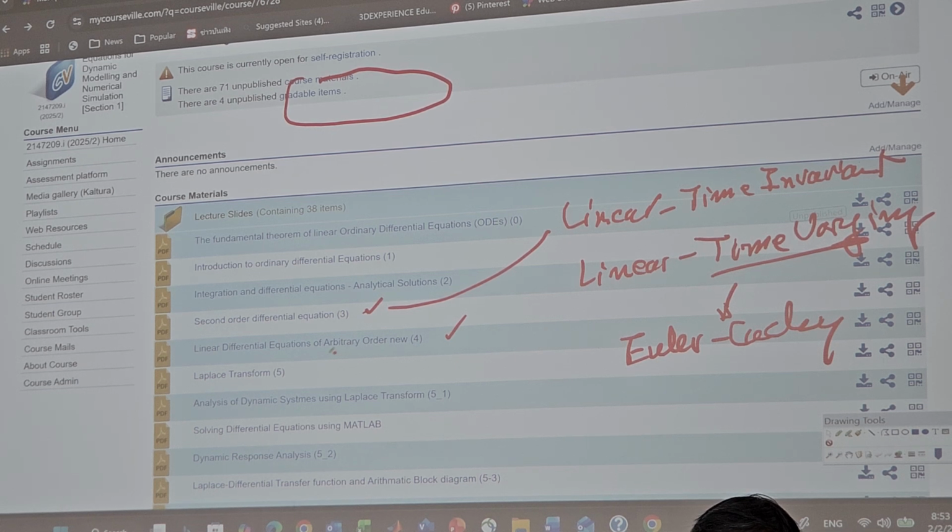Similar to this one for arbitrary order. We cover also these two as well.